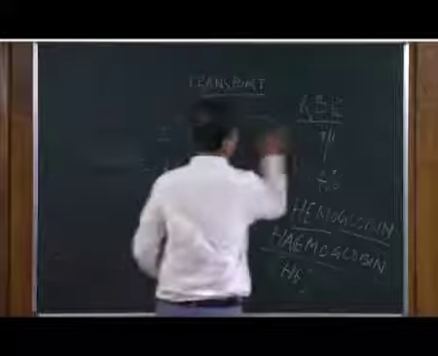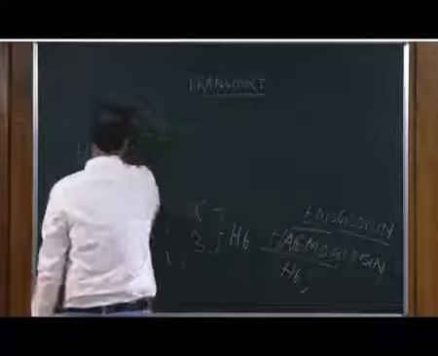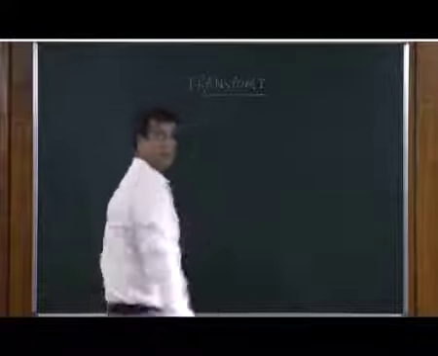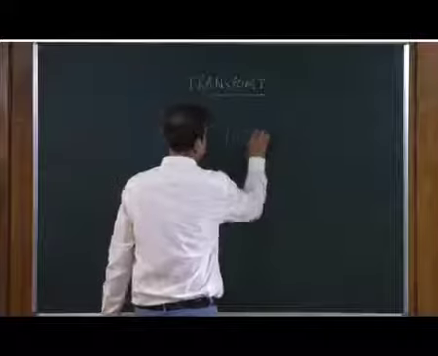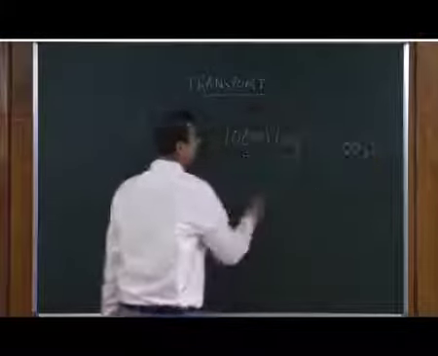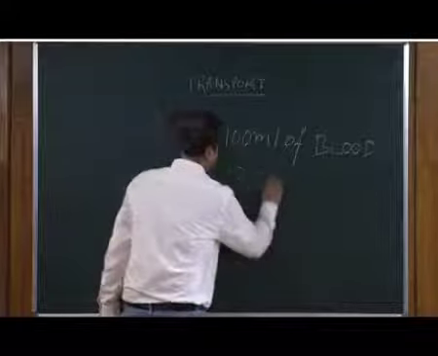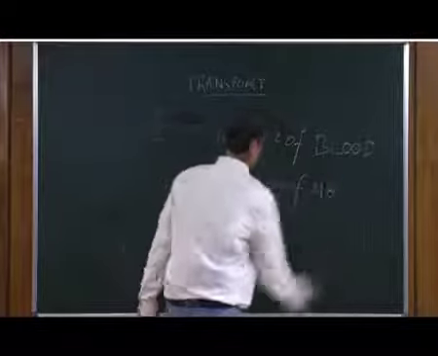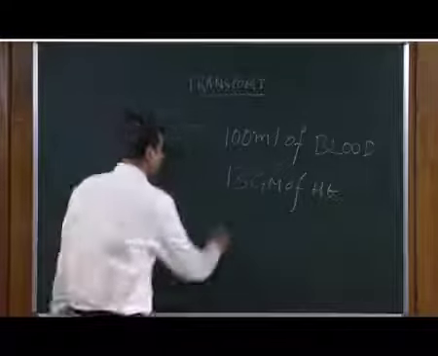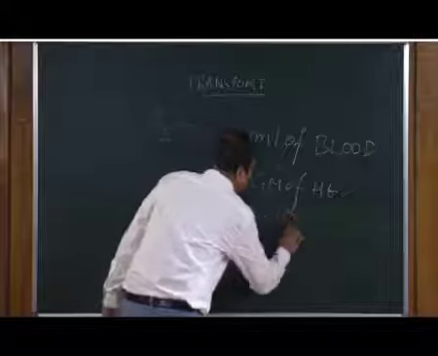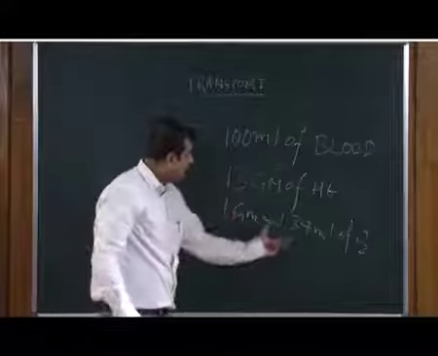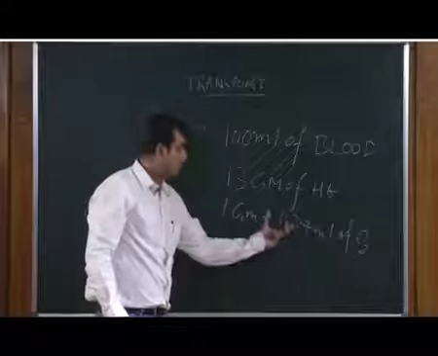If we start looking at hemoglobin in terms of numbers, 100 ml of human blood contains approximately 13 gram of hemoglobin, and 1 gram of hemoglobin can bind approximately 1.34 ml of oxygen.